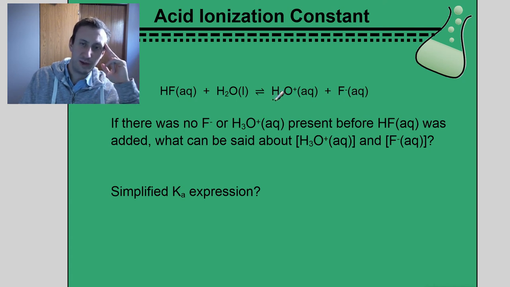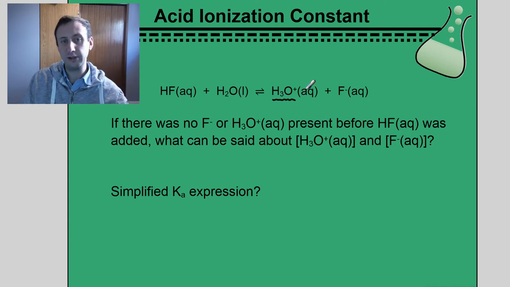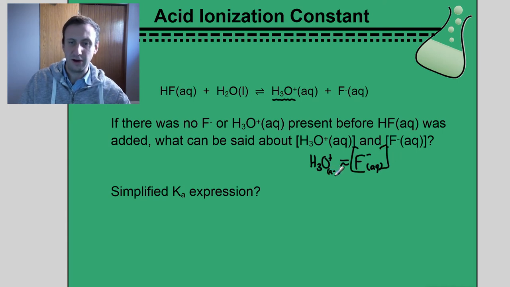And if we assume that there was no hydronium to begin with, which isn't completely true but is pretty close, because in neutral distilled water it would be 1.0 times 10 to the negative 7, which is incredibly low, then hydronium is approximately equal to fluoride, F minus aqueous, in concentration. These are pretty much the exact same concentration at equilibrium.